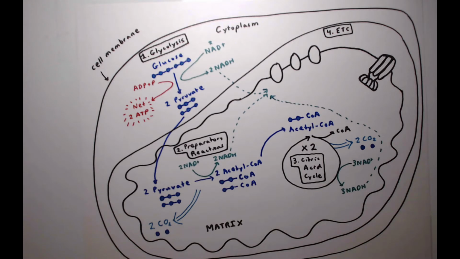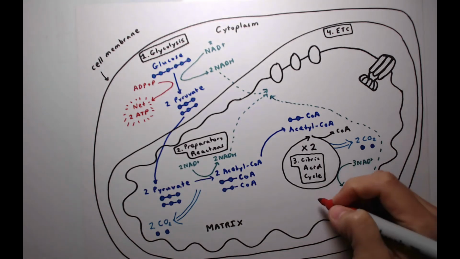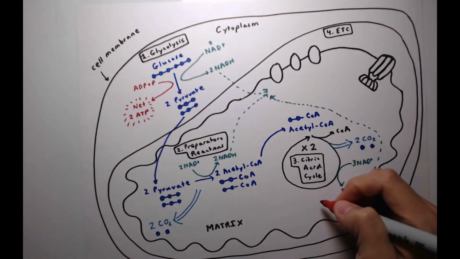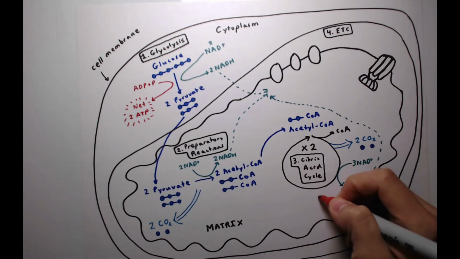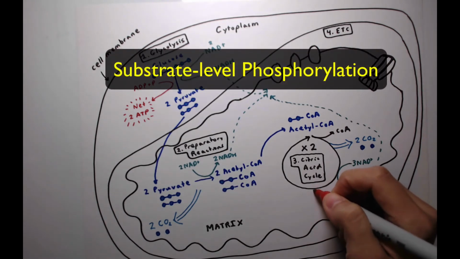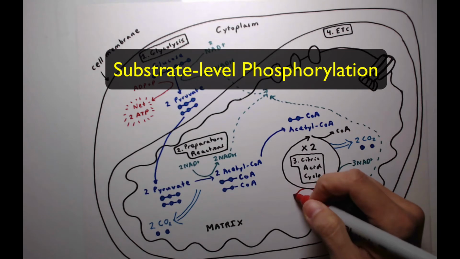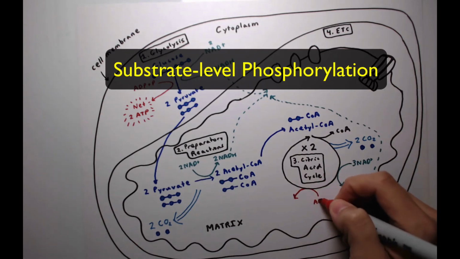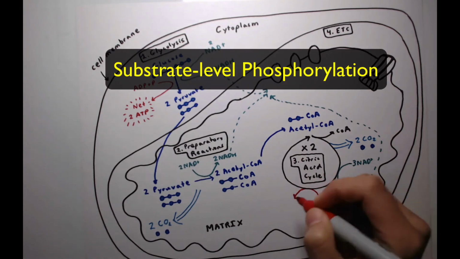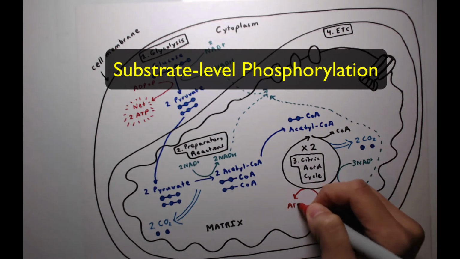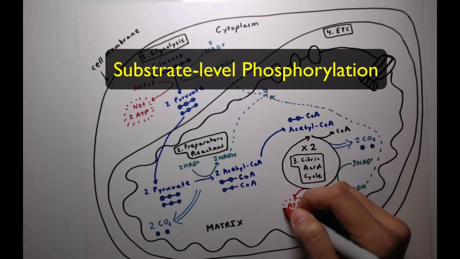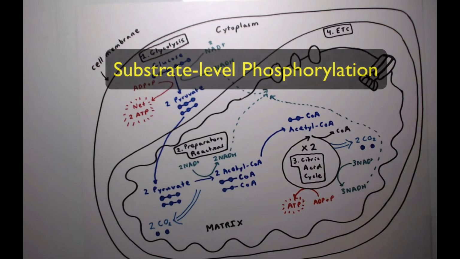The citric acid cycle also produces a little bit of ATP using the same process we saw in glycolysis, substrate-level phosphorylation. This is just a fancy way to say that a phosphate is added to ADP using an enzyme. 1 ATP molecule is produced for each acetyl-CoA molecule.